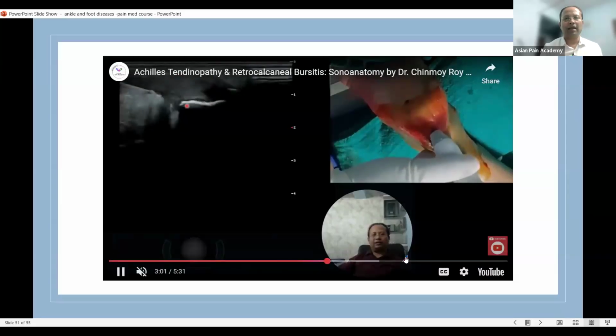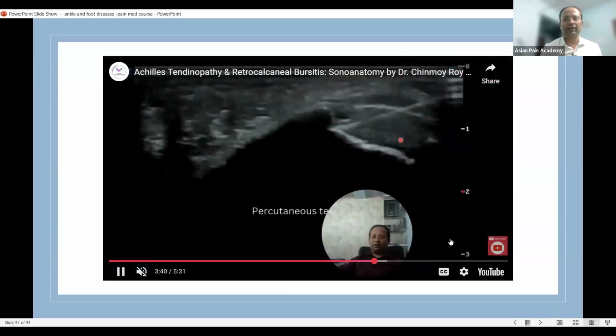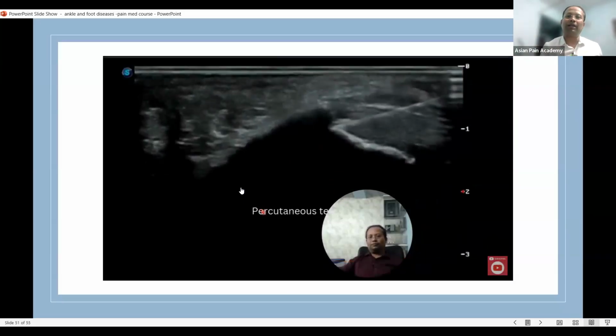Insertional tendinopathy, and we did intervention also. This is a small mid substance rupture, you can say. So inside the tendon there is a rupture. So we are doing tenotomy inside the Achilles tendon. This patient actually got very good relief. This patient became all right, and she was suffering for more than 1 year.